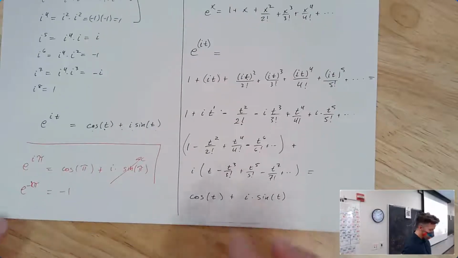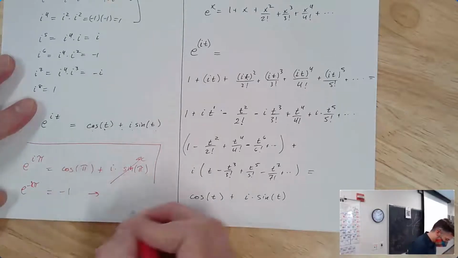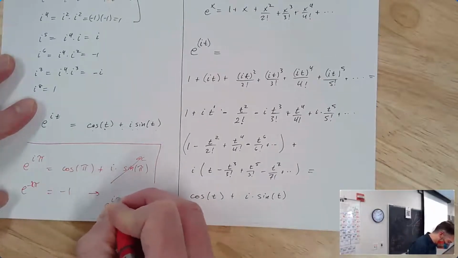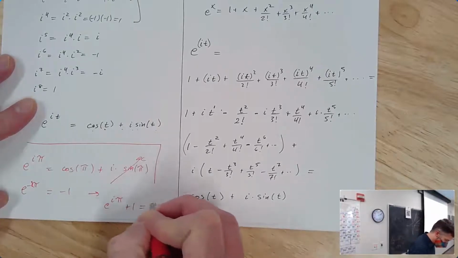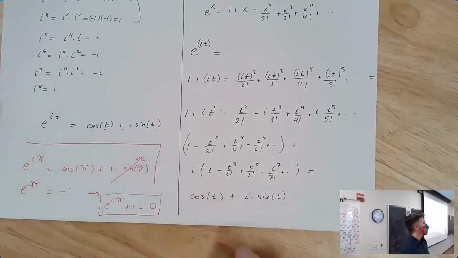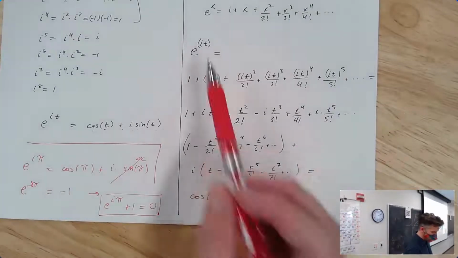This is considered one of the most famous formulas in math because it contains the 5 most important numbers. You write it as e to the i pi plus 1 equals 0. Not important at all for right now, but it is a very famous formula that comes from this general formula.